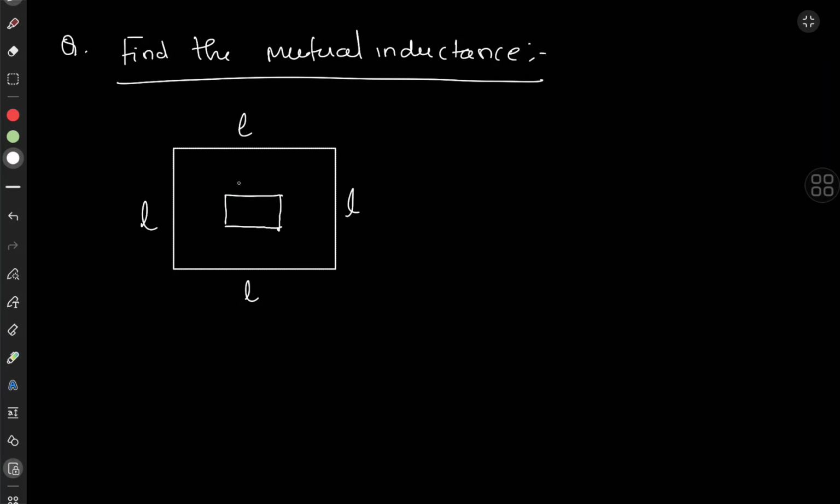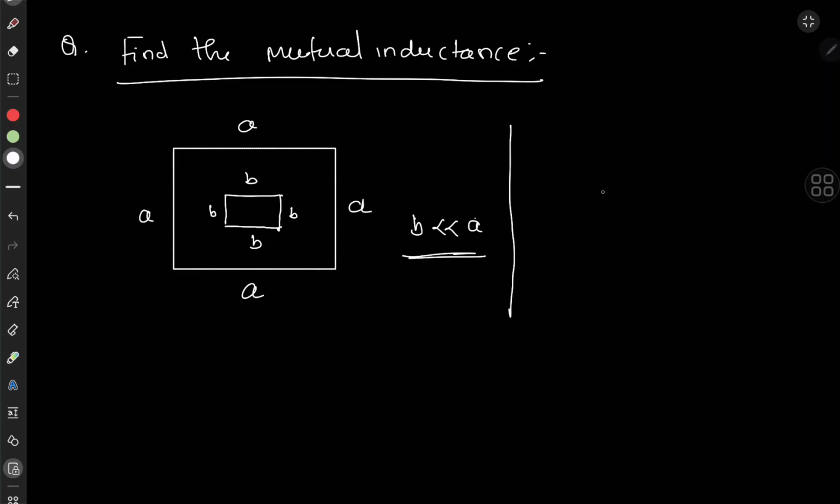Let us assume this side is A and this side is B, and B is very much smaller than A. I am talking about the side length.